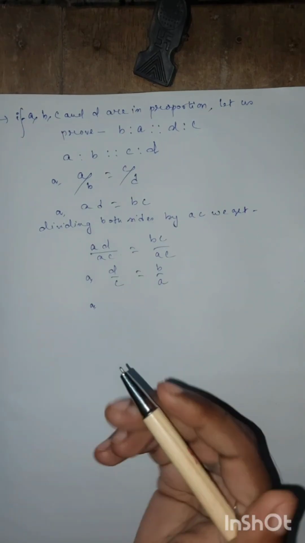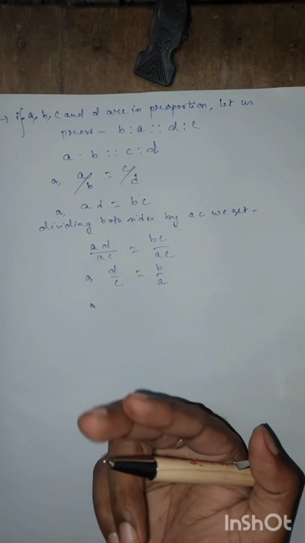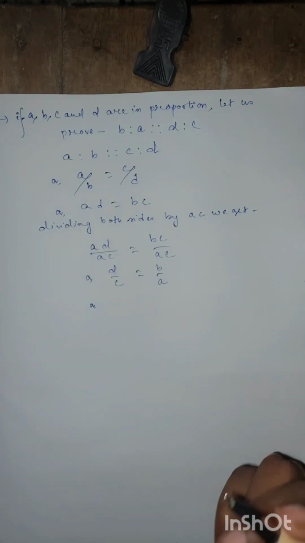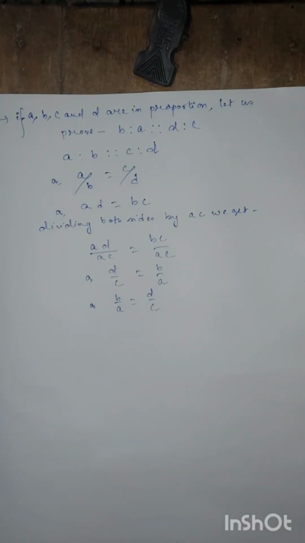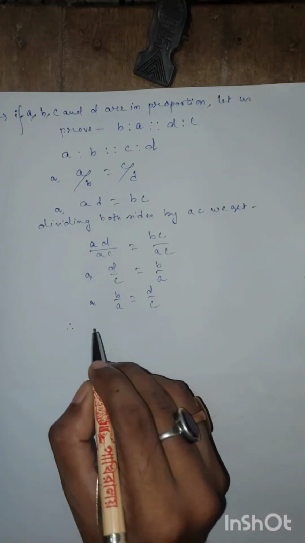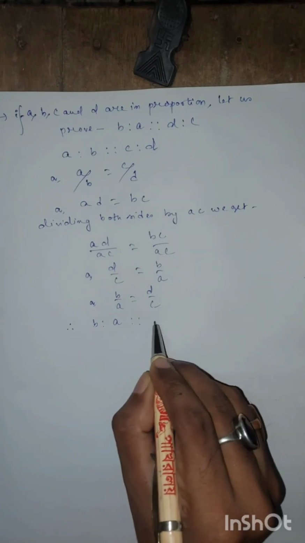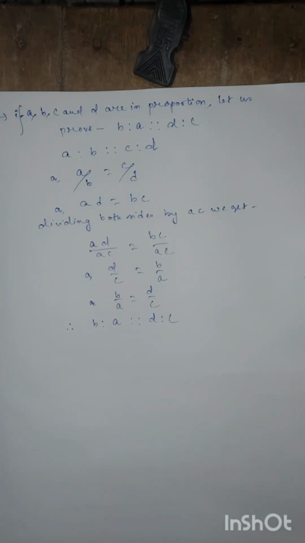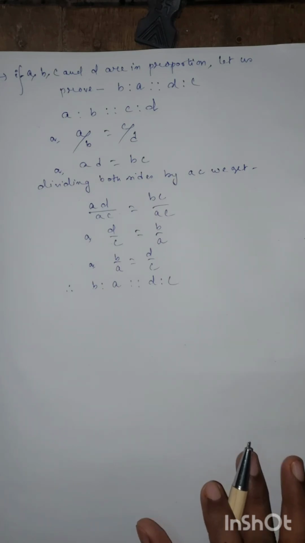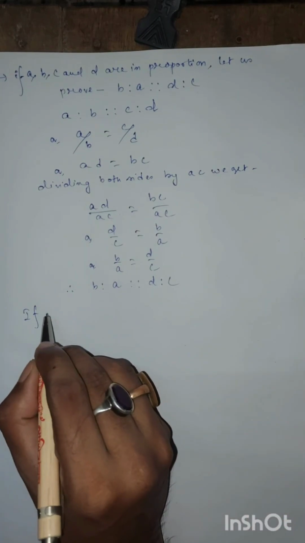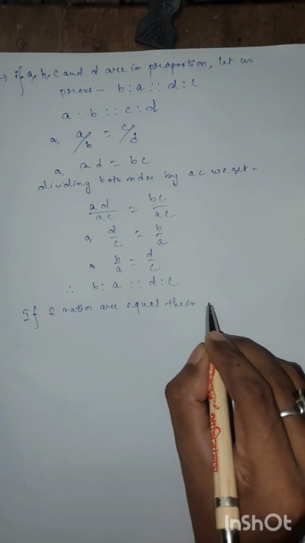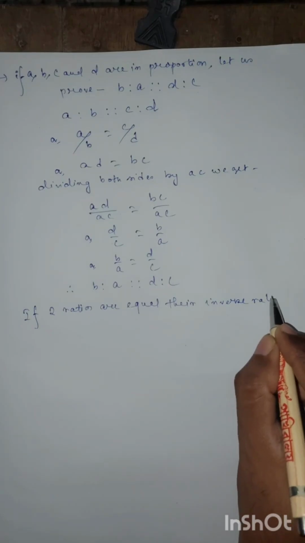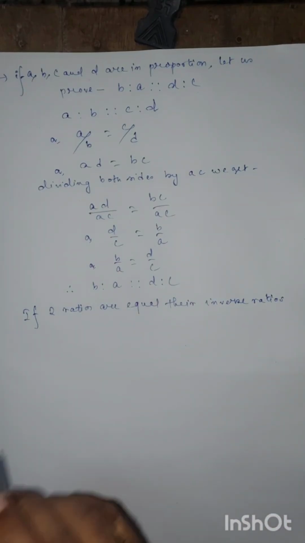Now we can write it as, therefore we can say B is to A as D is to C. So we can say if two ratios are equal, their inverse ratios are also equal.